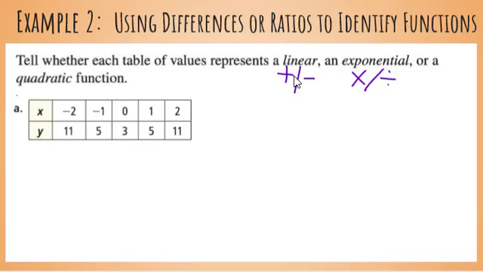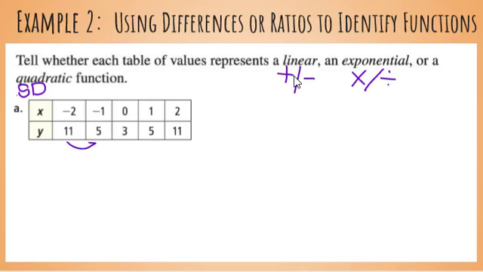And in a quadratic function, your second differences are going to be the same. So if we look at this table here, I'm going 11, 5, 3, 5, 11. I'm not multiplying or dividing by the same amount each time, and I'm not adding or subtracting the same amount each time. So we're going to check for our second differences.